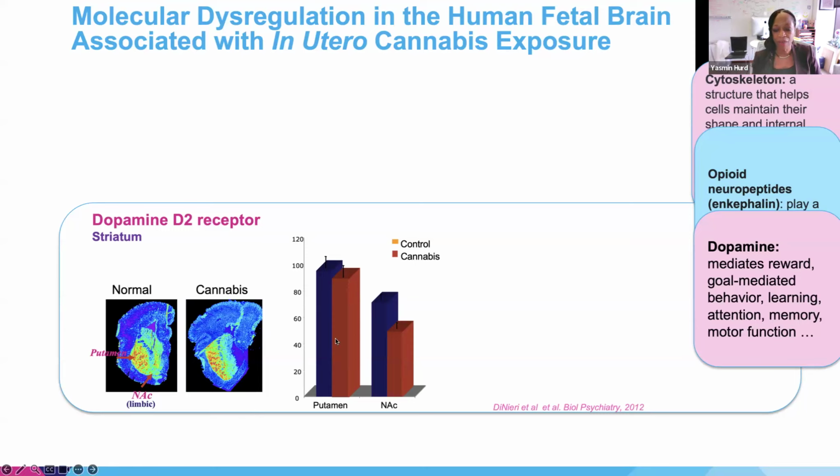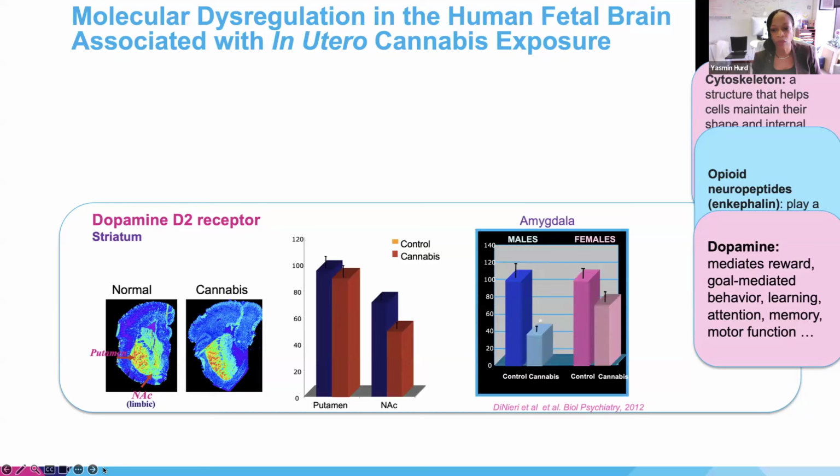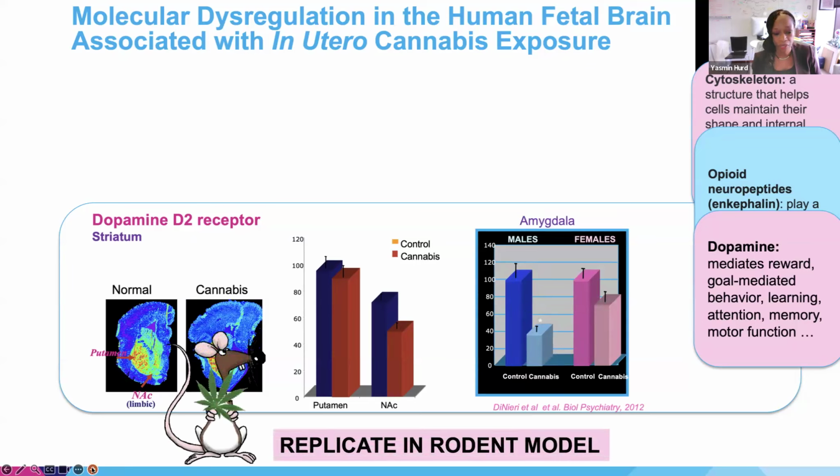But here during prenatal life, we see that there's already this dysregulation of dopamine associated with cannabis exposure. We can see that in the amygdala, this region important for emotional regulation, it's really driven by the boys that were exposed prenatally in utero to cannabis.